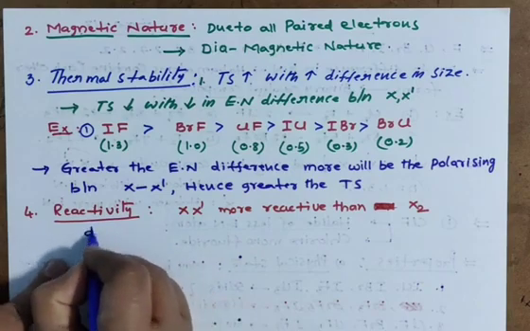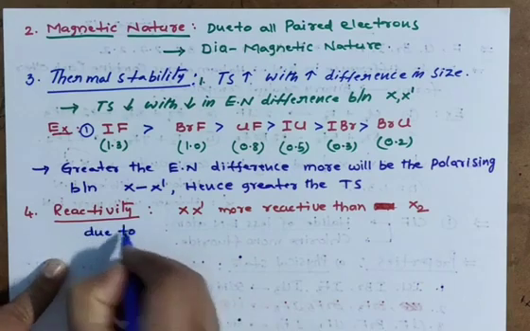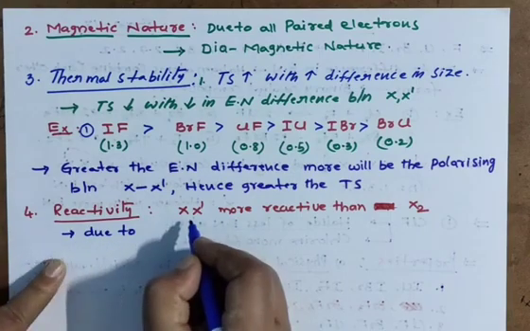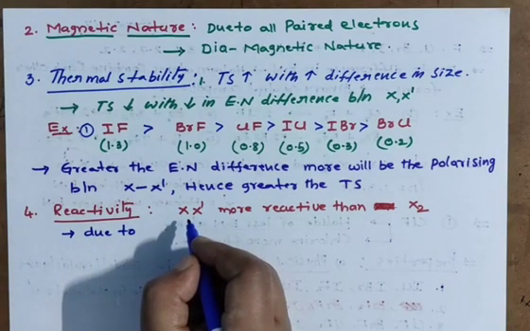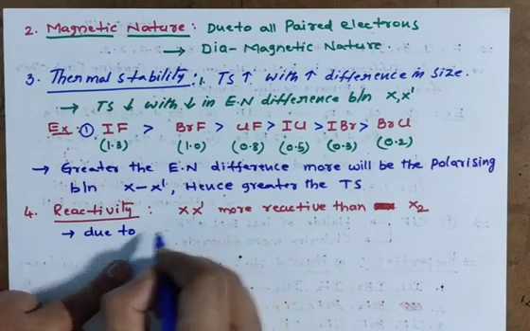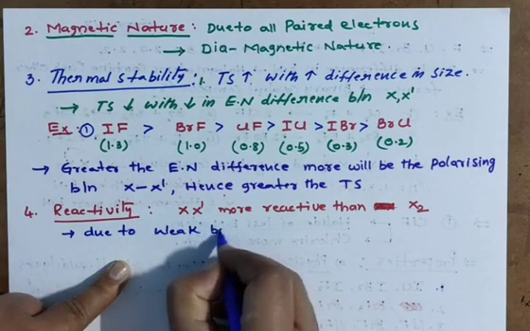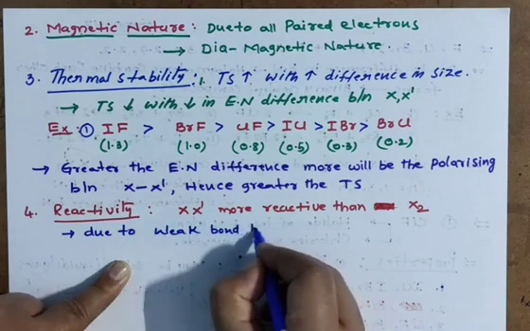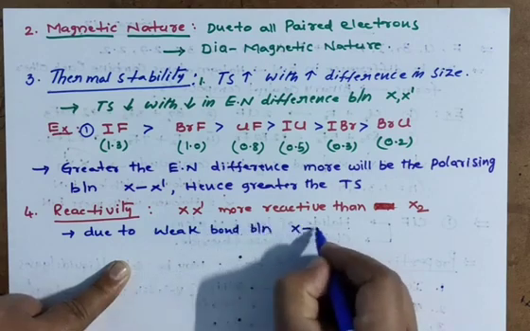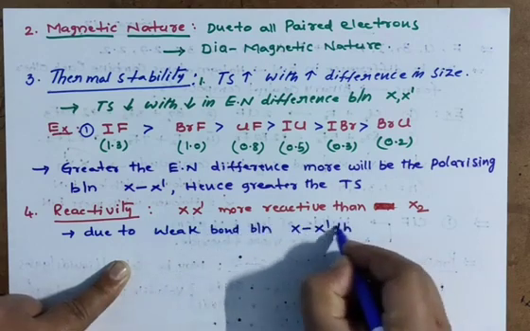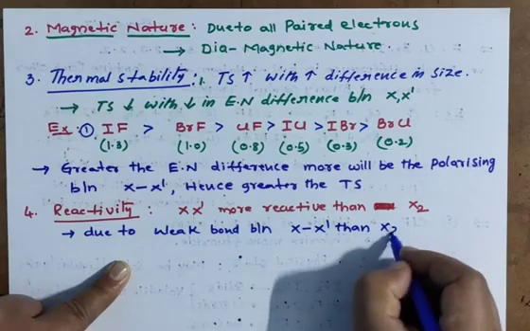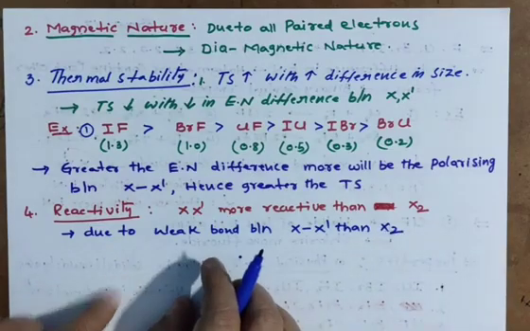Due to the weak bond between X and X dash than in X2.